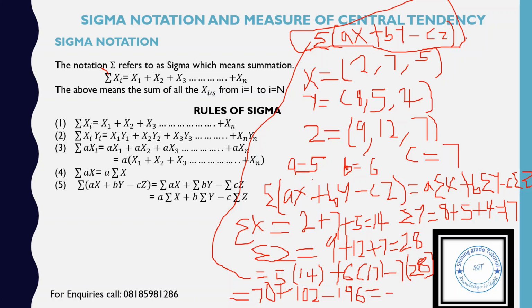So the summation is simply minus 24. This is our final answer here.